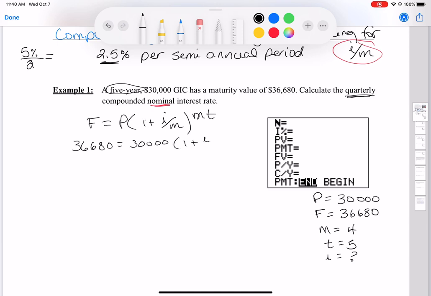We don't know what I is, but we know that M is 4, and we know that T is 5. I can take a moment and just simplify this exponent. So I'll just rewrite this real quick. We know that 4 times 5 is 20.